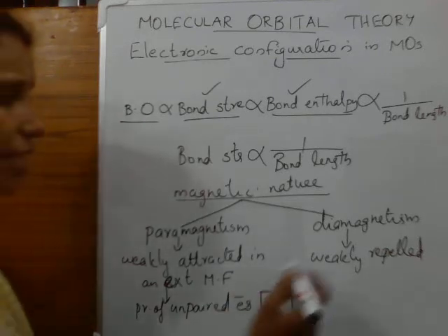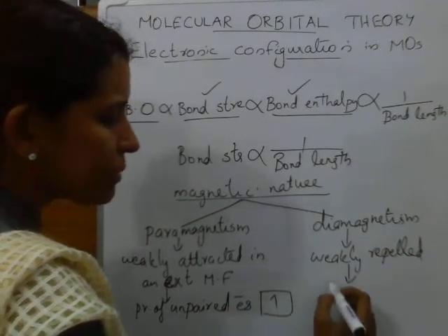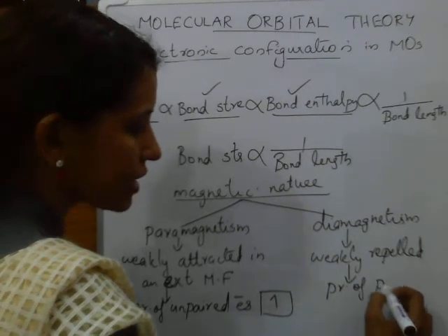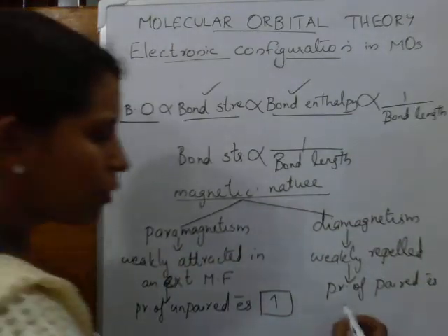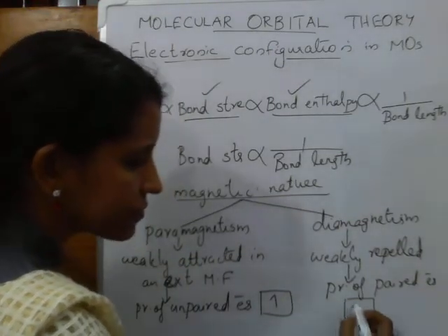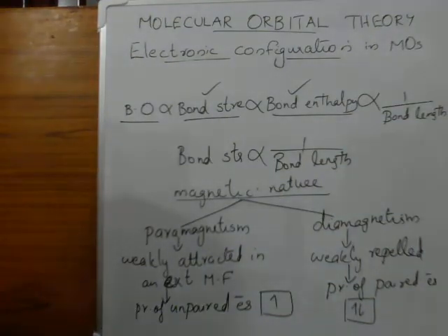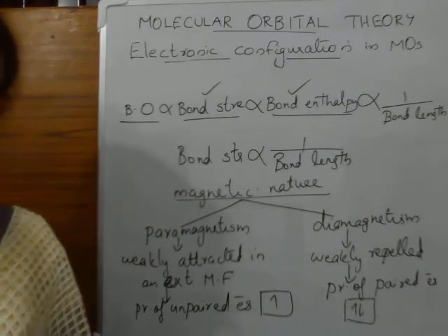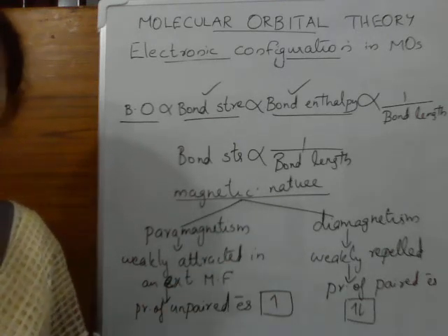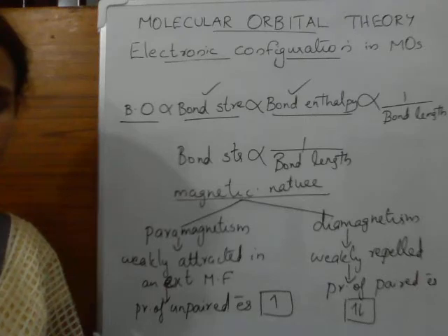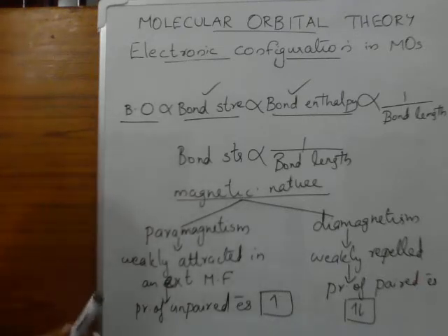And this diamagnetism is due to the presence of paired electrons. If all the electrons are paired in all the MOs and there is no unpaired electron, the magnetism shown will be diamagnetism. So from the electronic configuration of molecules, we can predict the magnetism of molecules.